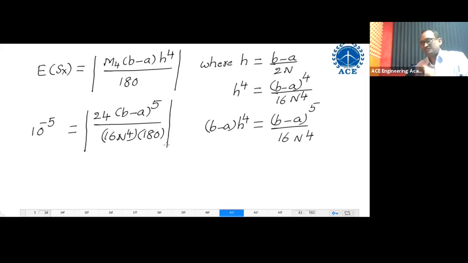Whenever you are asked to find the number of subintervals, then only you can use h is equal to (b minus a) by 2n. Otherwise, (b minus a) by n, because here small n is equal to 2n. Simplify this, (b minus a), 10 power minus 5 is equal to 24 into b value 2, a value 1.